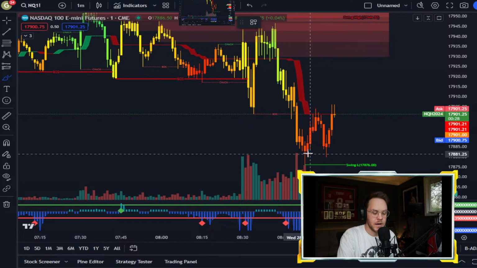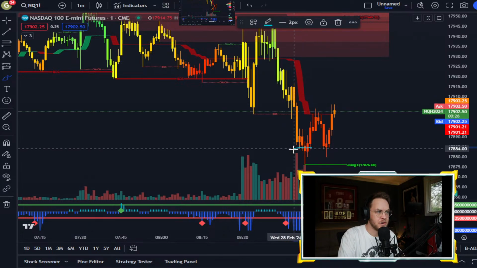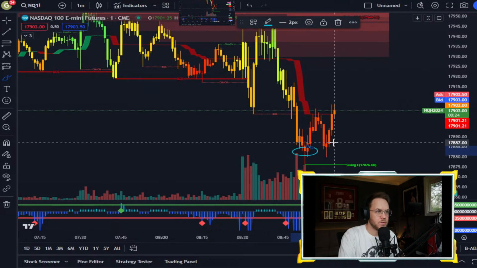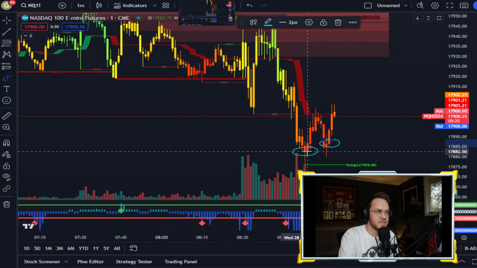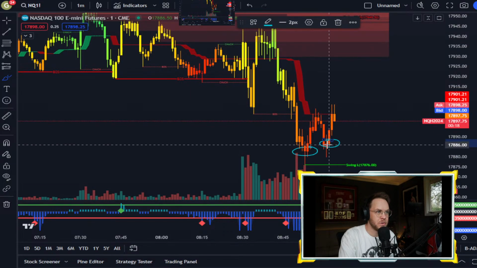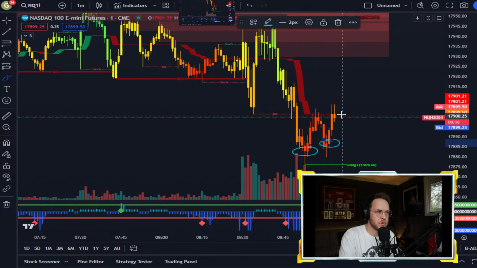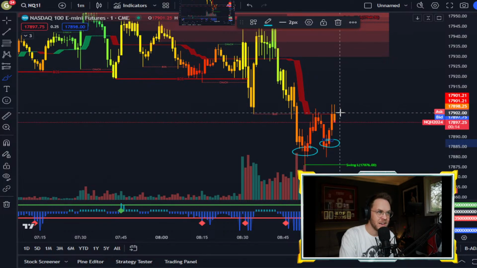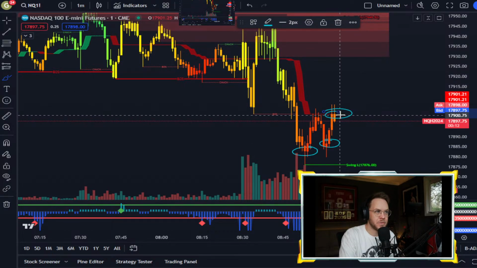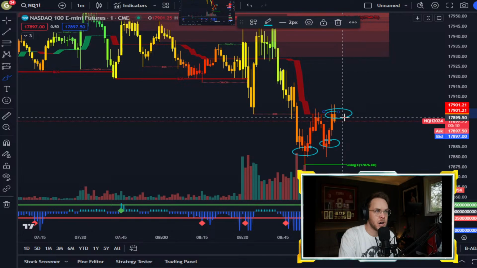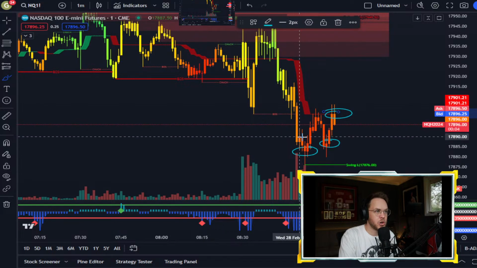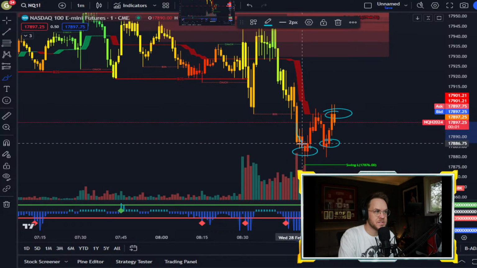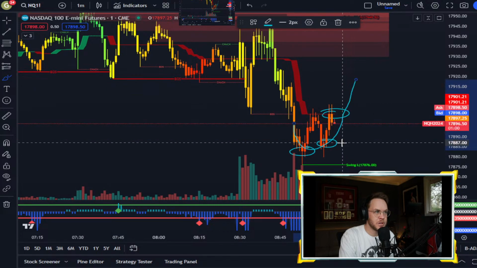Basically we have these low candles followed by these lows, but this low is higher than the previous low, indicating a potential reversal to the upside. And now we're battling around this 17,900 level to see if we can hold up above that level. Based on the current movement here, we basically have a rolling movement.